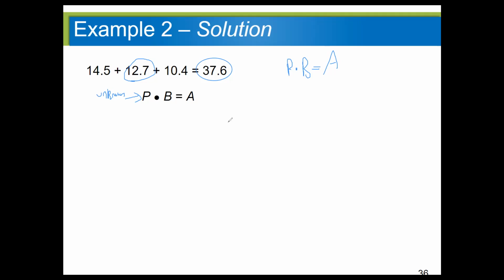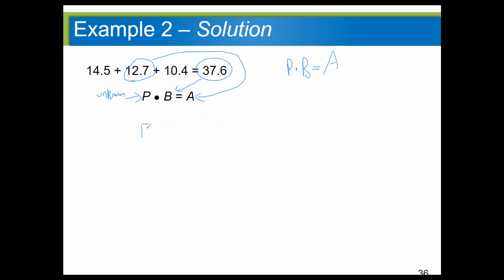I will tell you that my base is my 37.6, because another way to think about it is your total, or your whole, the amount that you have to start with, is your base. I know I sold 37.6 million music downloads. My amount at the end here is 12.7 because that's the amount I care about for the question.